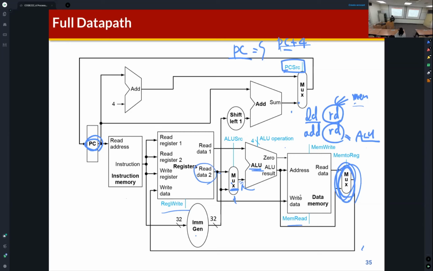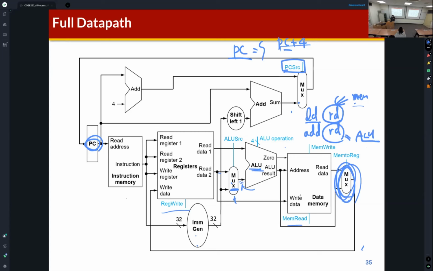In the previous class, we learned about the detailed operation of the hardware components and the data path: the instruction memory, register file, ALU, immediate generator, and the data memory.